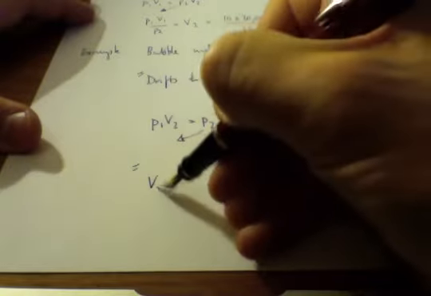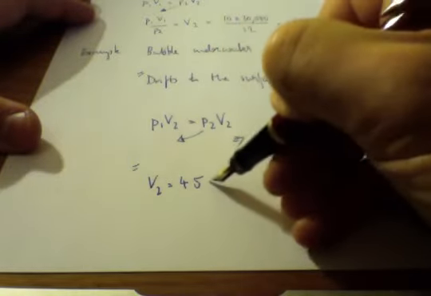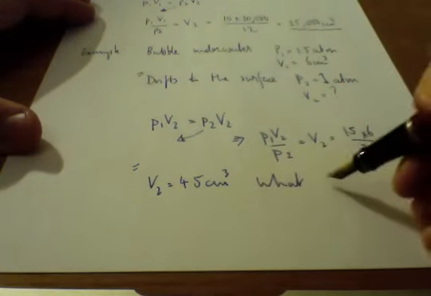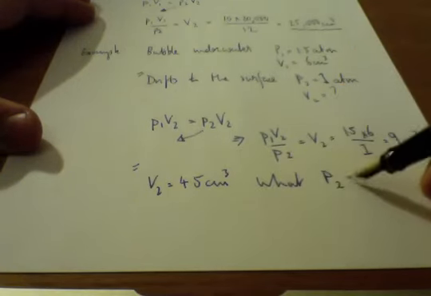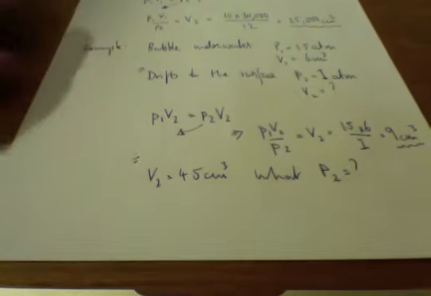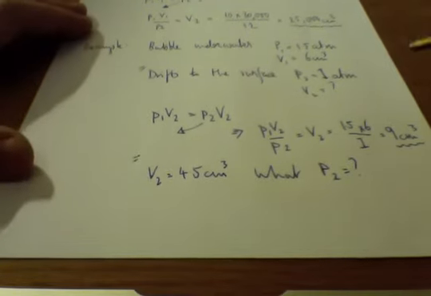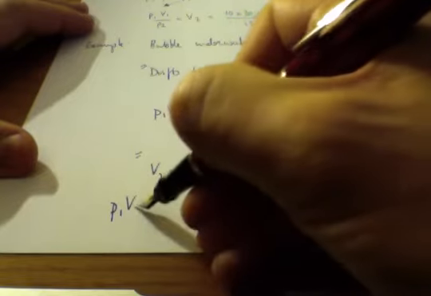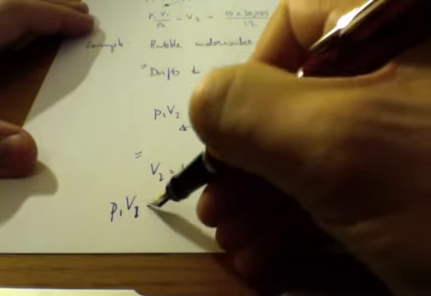Okay, what happens if I want the volume to equal 4.5 centimetres cubed? What would the pressure have to be? If you think you know, hit pause, otherwise here comes the answer. Well, let's just once again be pedantic and write down my equation.